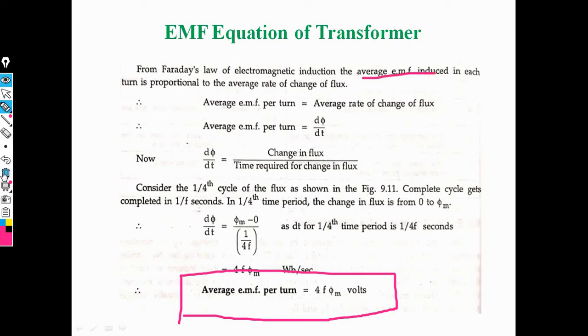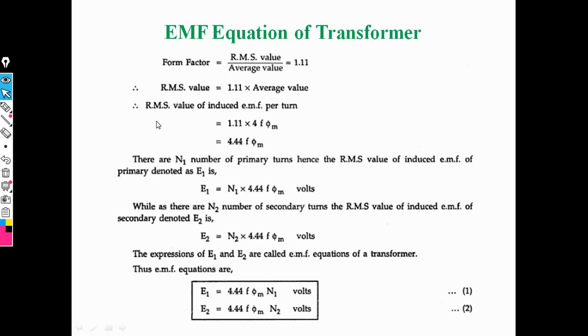Okay, now we need the form factor. This concept I have also explained in AC fundamentals.